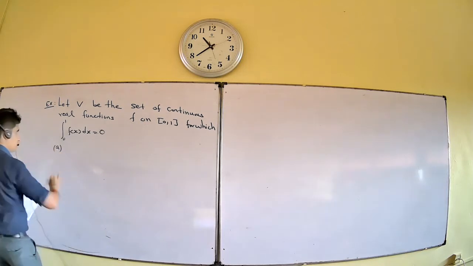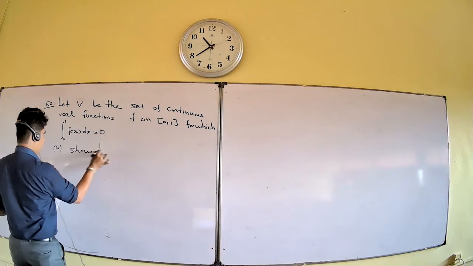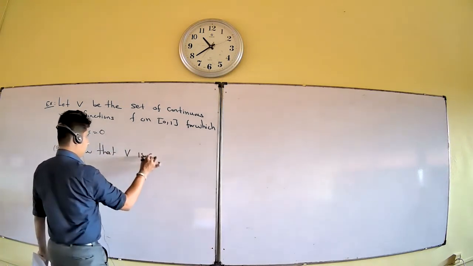There are three questions they will ask. First, show that B is a vector space.